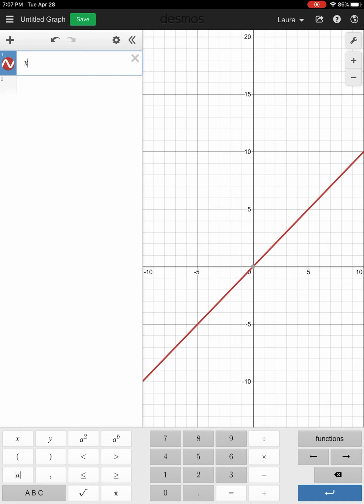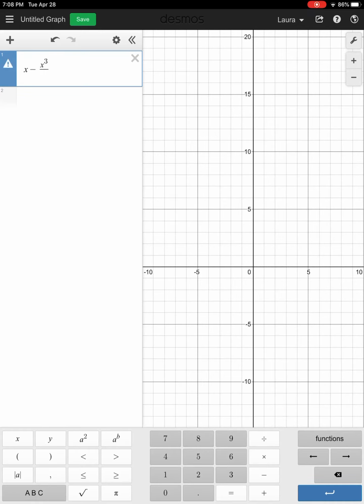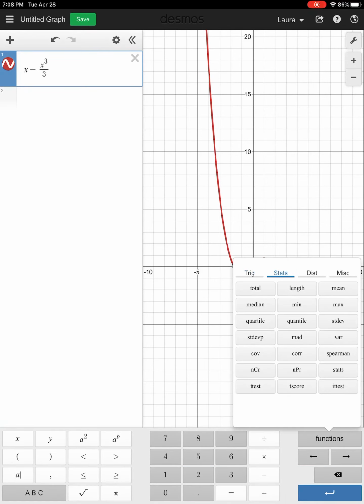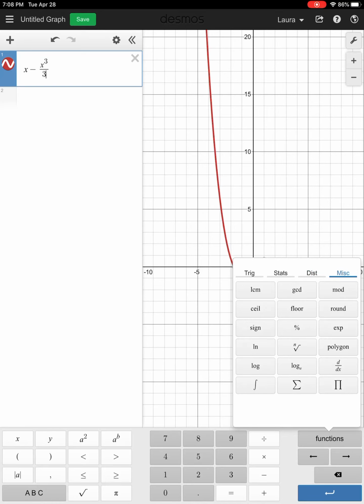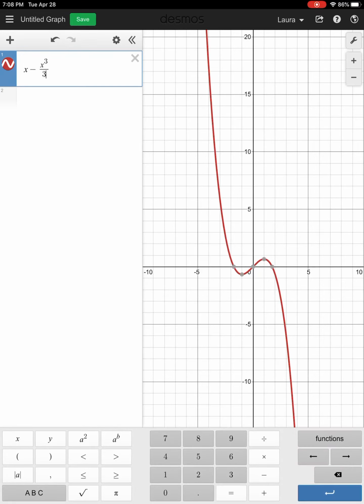And if you want to, we can go to Desmos. If I wanted to put in x minus x to the 3rd divided by 3 factorial, I don't see my factorial button.